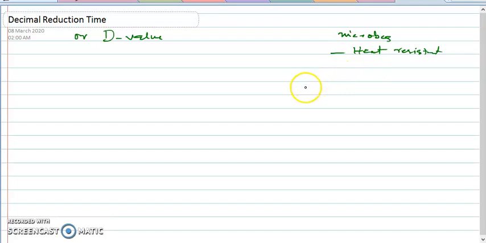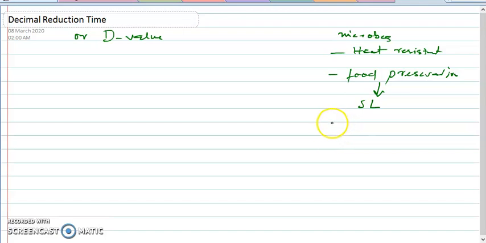We need to kill microbes in food preservation, to increase the shelf life of that food.